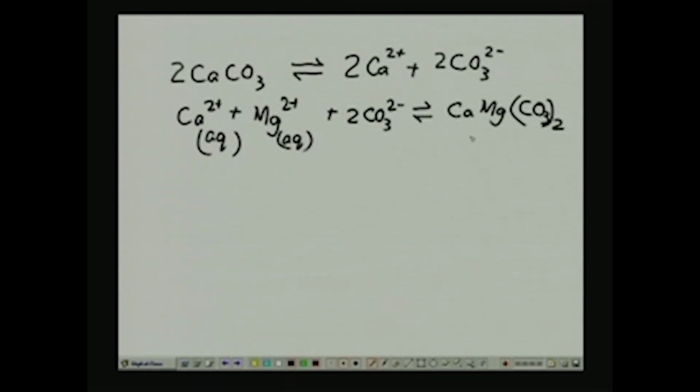So, this one here is your dolomite, and basically these chemical reactions are clubbed together and are given the name dolomitization.